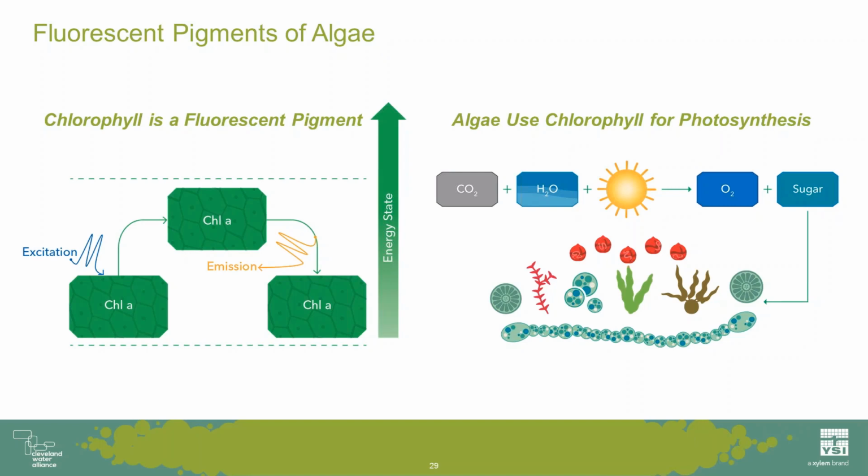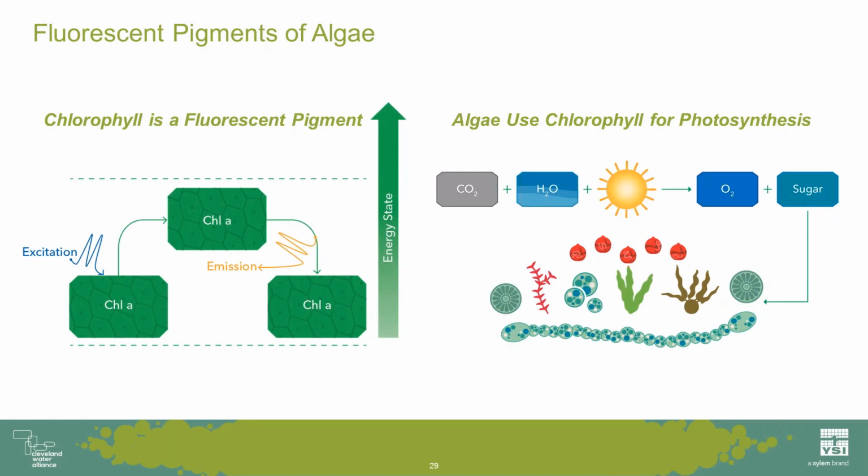Chlorophyll, that we all know and love in the algae world, is one such molecule. It absorbs high energy blue light, becomes excited, and then as it comes back down, it's going to emit red-orange light. The fate of the energy it absorbed is unique.